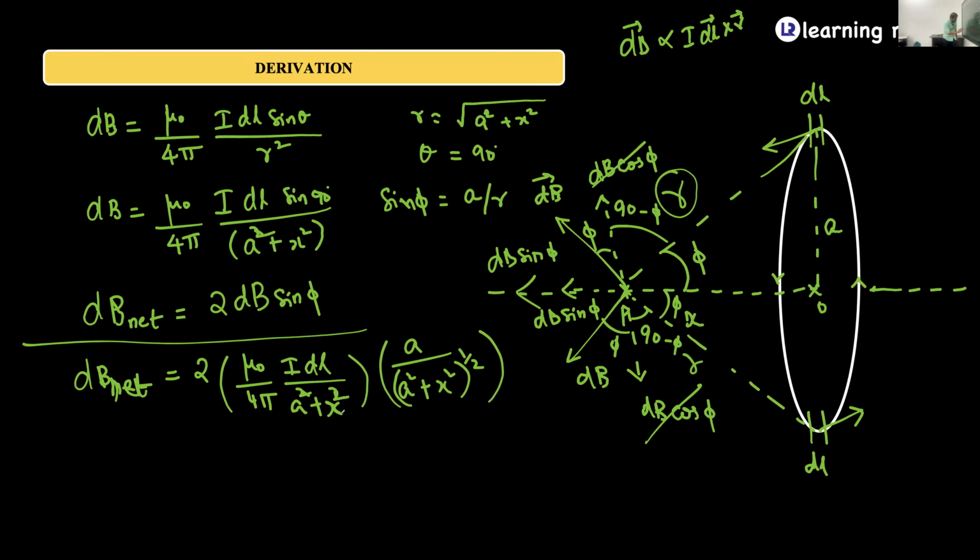So this will be equal to 2 times mu naught. System is slow actually. It's not able to write.